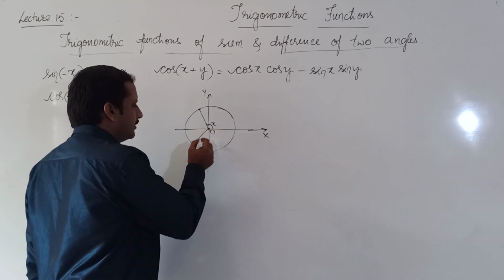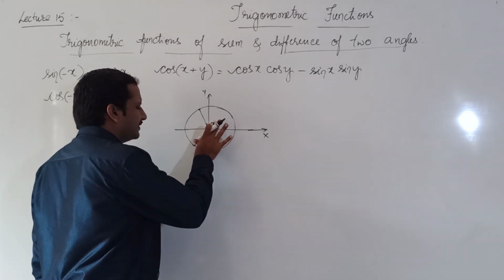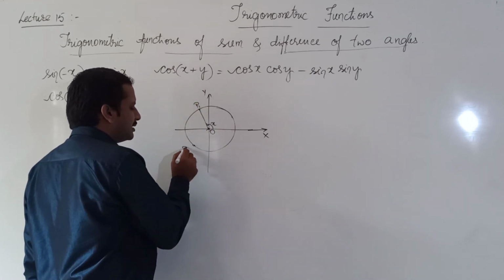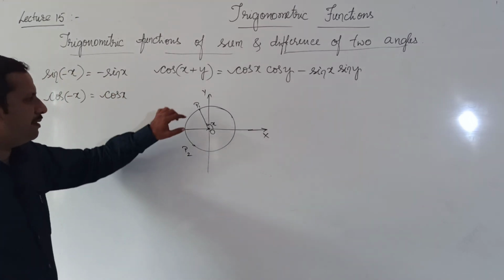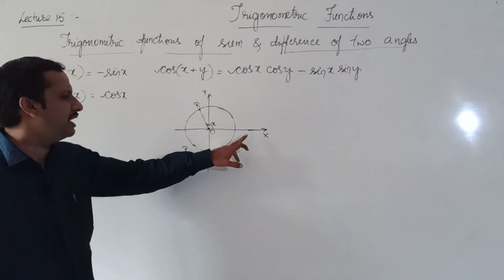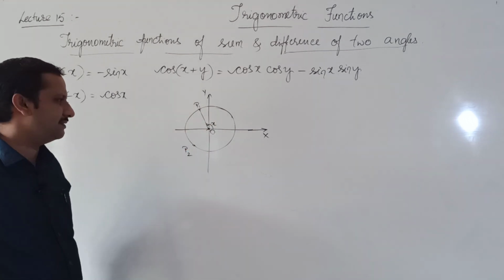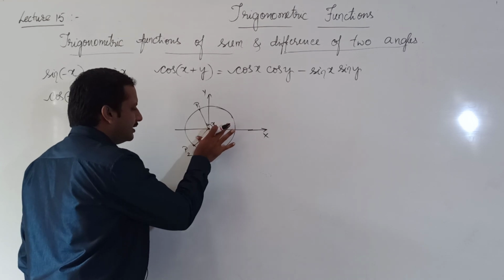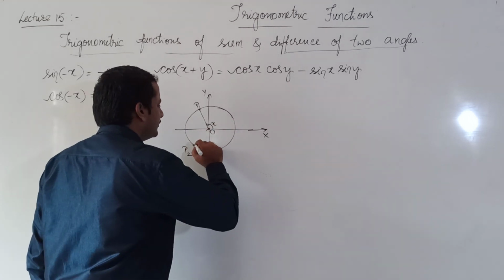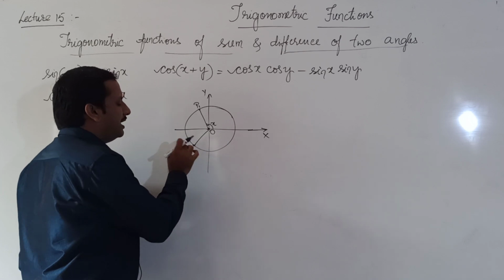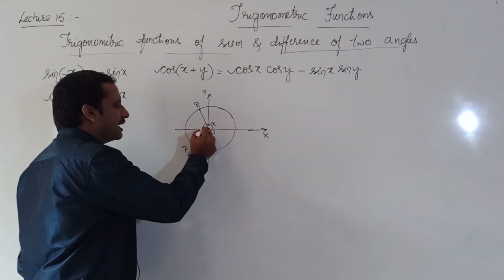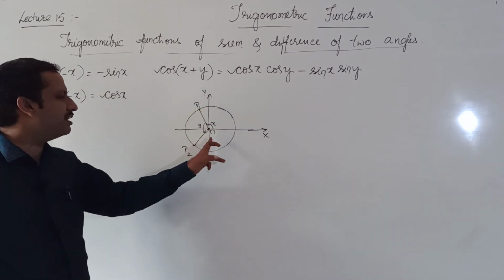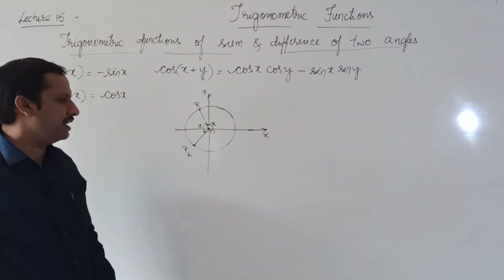I'll call this point P1. Let this point be P2. I am choosing a point P1 such that angle XOP1 is x, and another point P2 such that this angle, angle P1OP2, is equal to y.